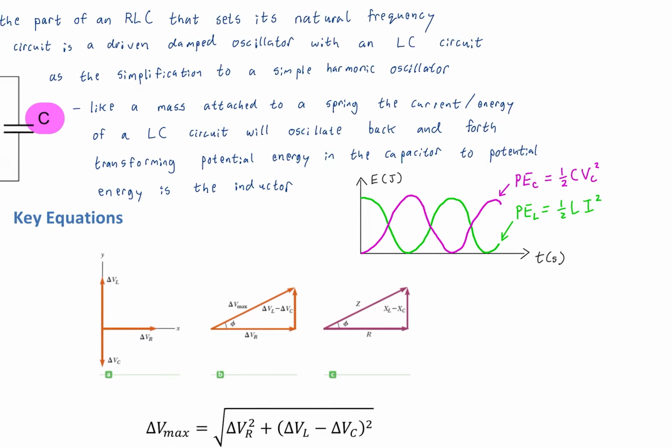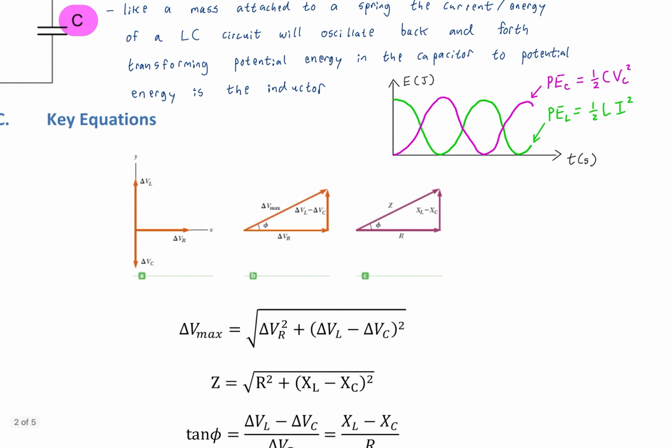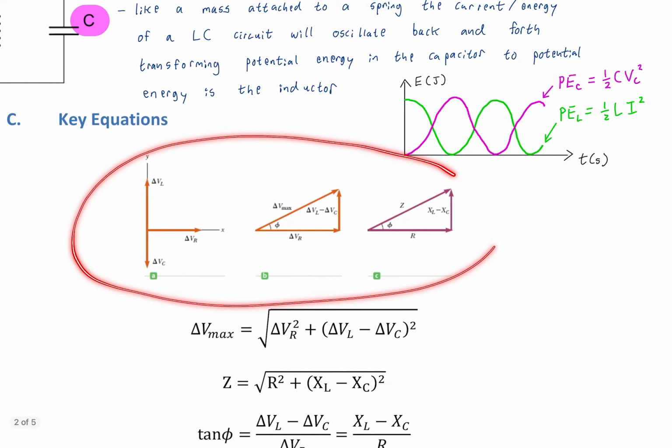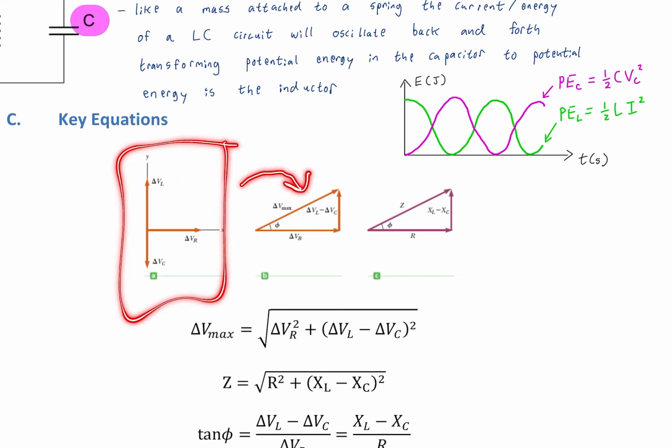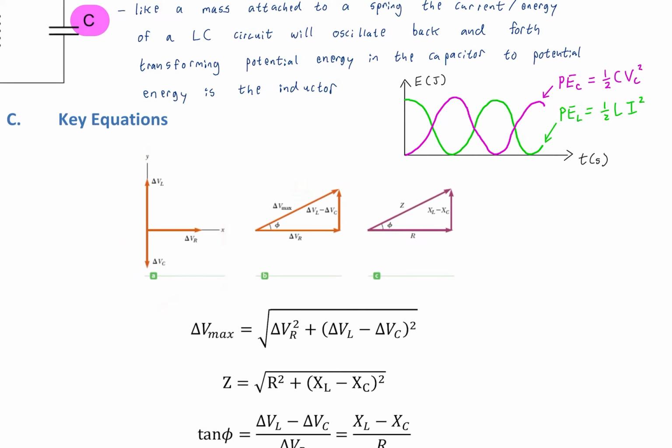So finally, on to our key equations, with one other diagram to put all the key equations into context. Now, this diagram absolutely is a phasor diagram, isn't it? These are all phasors shown on the XY axis. But then I take the phasors and treat them as triangles, just to call attention to the trigonometric fact that we're dealing with right triangles here, and using SOHCAHTOA, sine opposite over hypotenuse and so on, just to define our quantities.